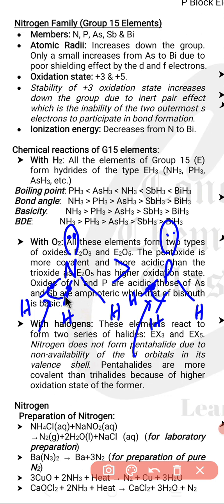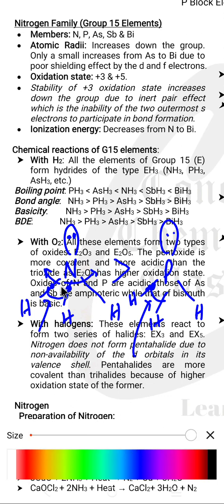So these two shared pairs of electrons come closer to nitrogen, and since they are closer to each other, the repulsion between them is large. Since the repulsion between them is large, bond angle becomes higher. So bond angle decreases from ammonia to BiH3 due to decrease in electronegativity from nitrogen to phosphorus to arsenic to antimony to bismuth.